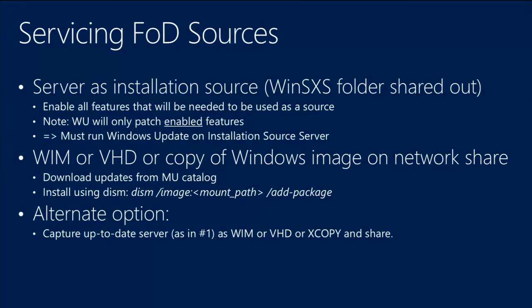You would have a server with everything on it, and you could use that to install updated versions of things from the side-by-side store. More likely, you'll take the WIM file and use some DISM commands to apply individual updates to that image. Again, all of the details of how to do this are in that TechEd article, but I just wanted you to be aware of what's happening there.